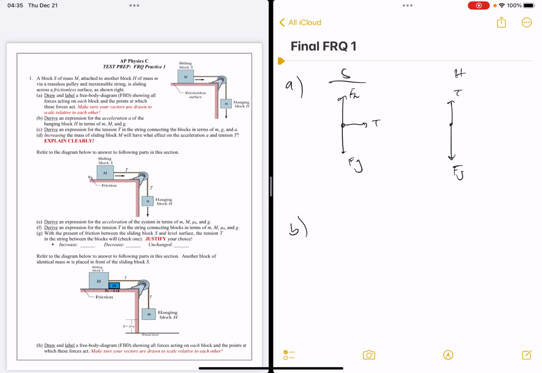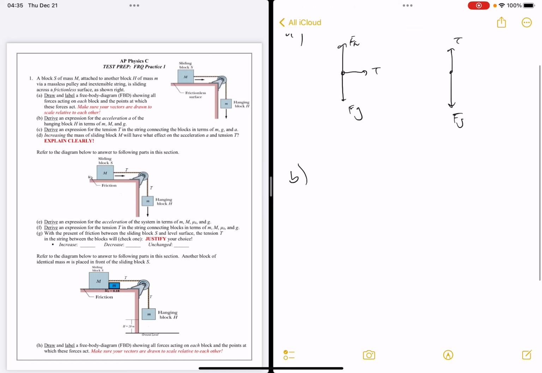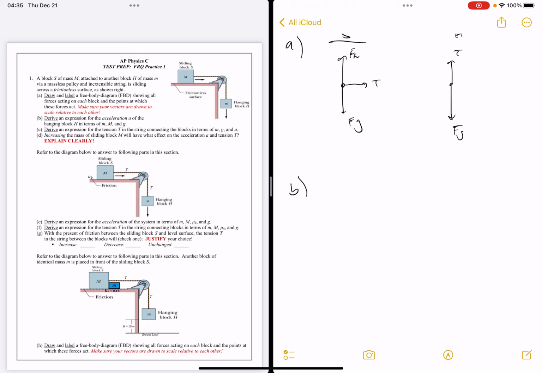Okay, and then we have an expression for acceleration. So first I'm going to set up net force. So I'm setting net force for H first, for block H. And that's FGH minus T equals little ma.